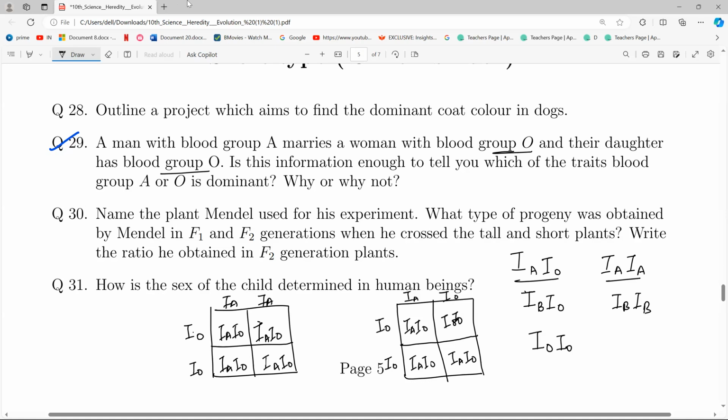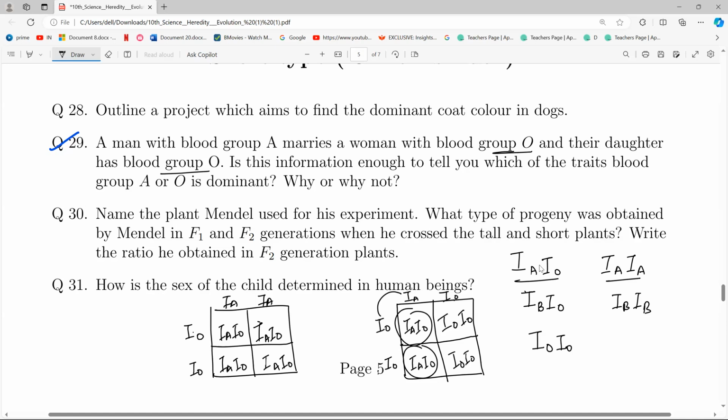Got it? Here, two children have A blood group and two have O blood group. So here 50% chance is blood group A and 50% is O. So we cannot say here.